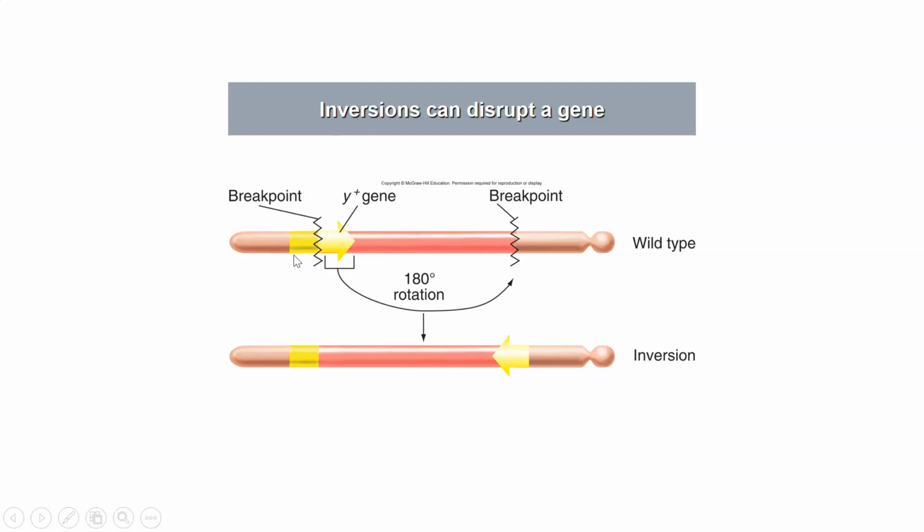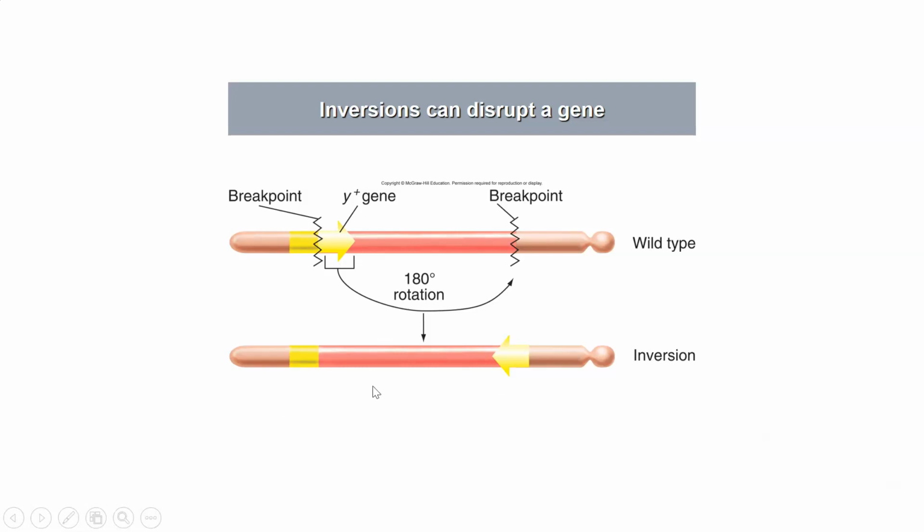However, the inversion could produce a phenotype if the breakpoint of the inversion disrupts a normal gene. In this case, if you have a gene and the breakpoint falls either in the gene or between the regulatory region of the gene and the coding region, then that would disrupt this gene, either causing a null mutation or disrupting the normal regulation.